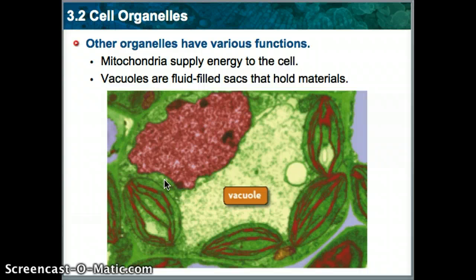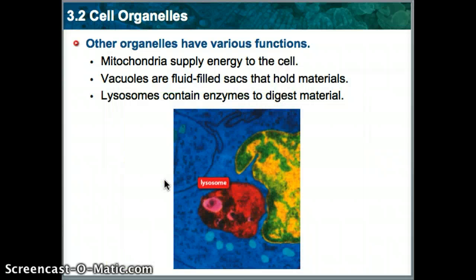Vacuoles are membrane-bound sacs for storage, digestion, and waste removal. They typically contain a water solution. And lysosomes are a digestive plant for proteins, lipids, and carbohydrates. They transport undigested materials to the cell membrane for removal.